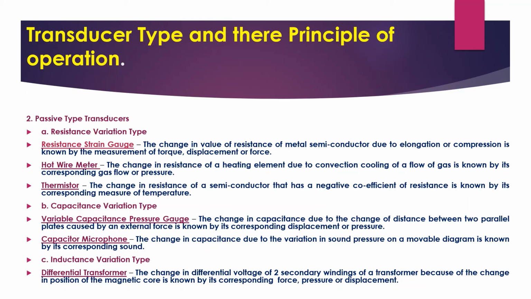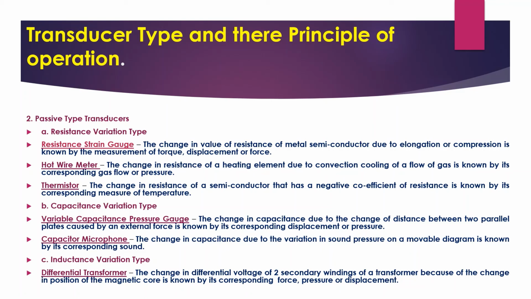So now there is one primary coil through which current will flow. Of course, a magnetic field will be produced, and in that field you are keeping two small secondary windings. Of course, voltage will be induced in both the secondaries. Now the two secondaries are connected in phase opposition.